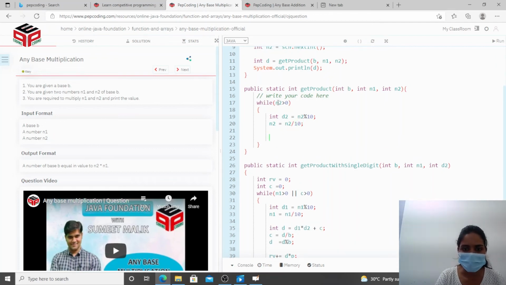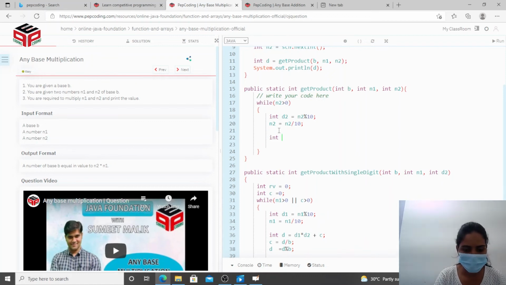After reducing n2, I have to call this function because now we have a d2 and I want the multiplication. As this function is returning me something, I have to store it. So let's call it int single product digit equals to get product with single digit, and pass all the values, that is b, n1 and d2.